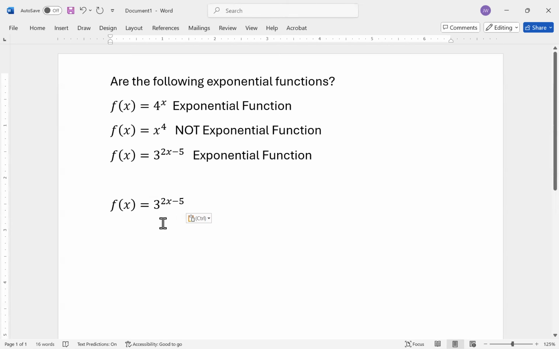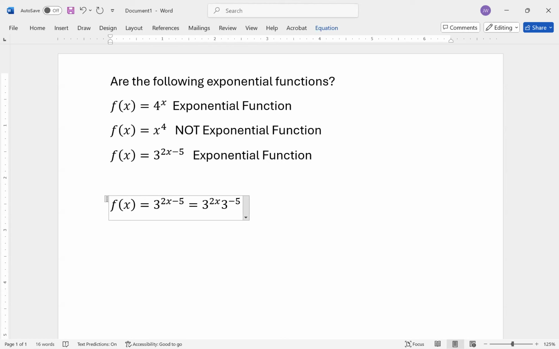So the reason I can say that 3 raised to the 2x minus 5 is an exponential function is because of the rules of exponents. The rules of exponents say I can rewrite that as 3 to the 2x power multiplied times 3 to the negative 5th power.